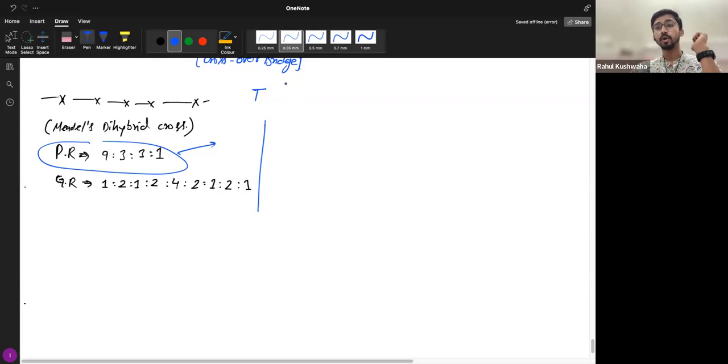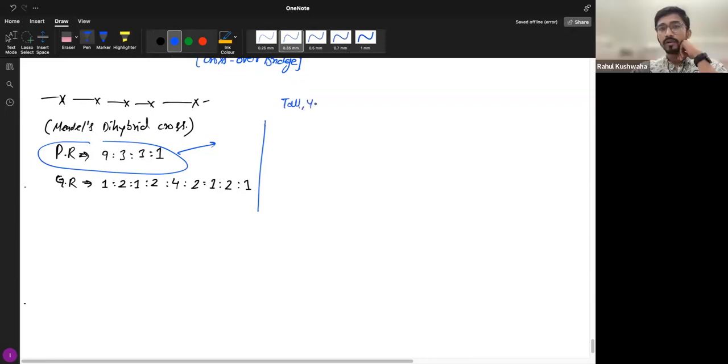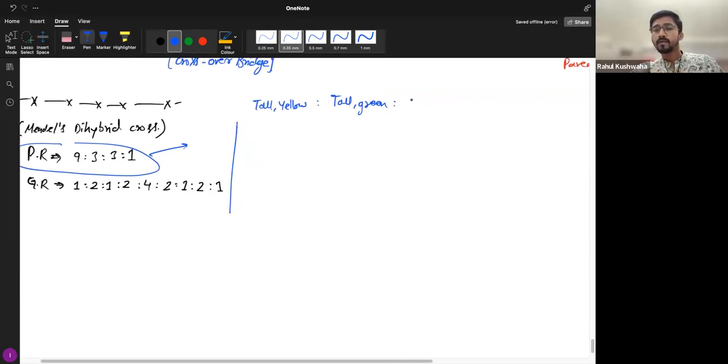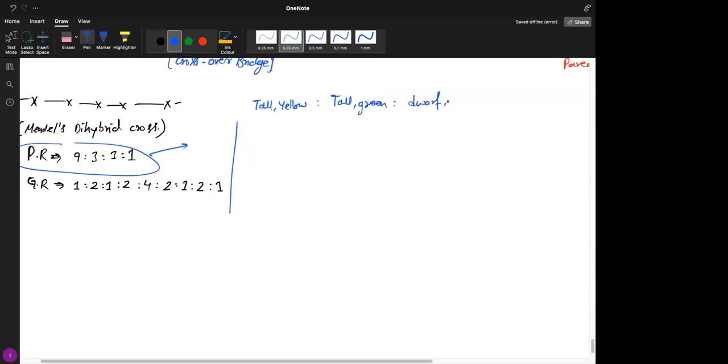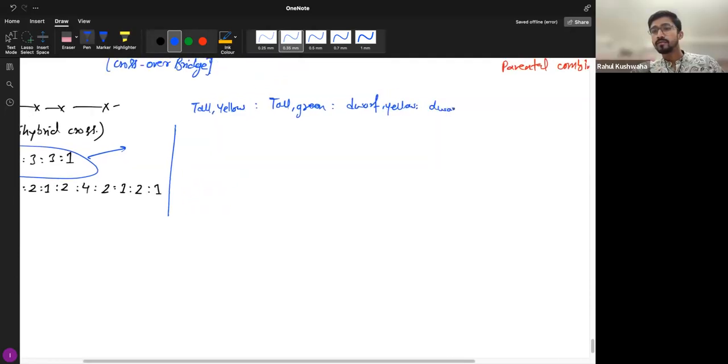How many will be tall and green, and how many will be dwarf and green? Which one is what? Tall yellow, tall green, dwarf yellow, dwarf green.